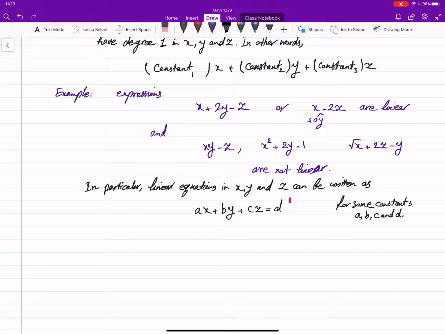We know that these kinds of equations are going to describe a plane in R3.